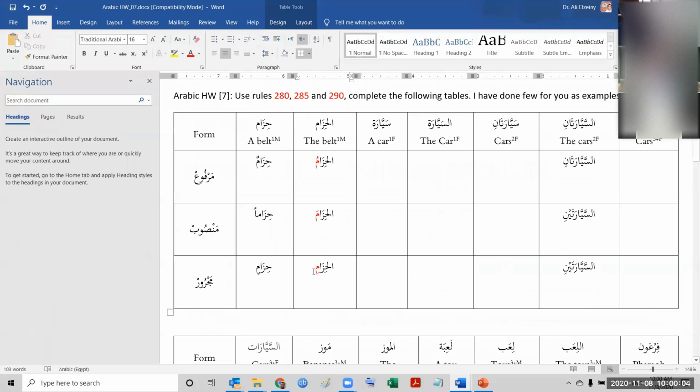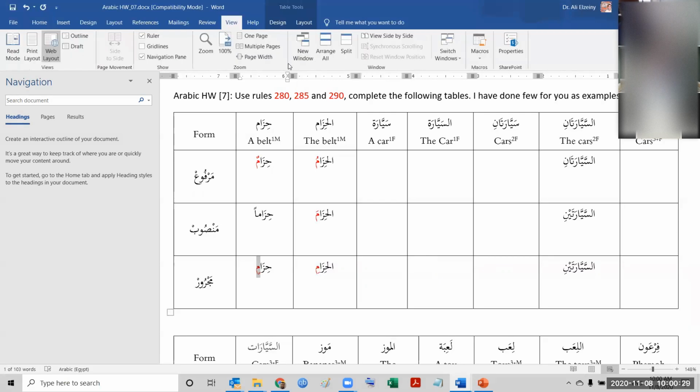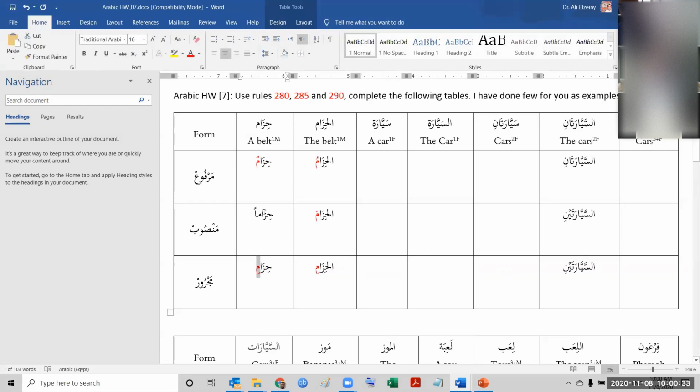But if it doesn't have alif lam and sarf is allowed, then I do tanween dhamma. Tanween dhamma. And tanween kasra. And here there is a rule we covered before, that if the tanween is fatha, we add an alif.